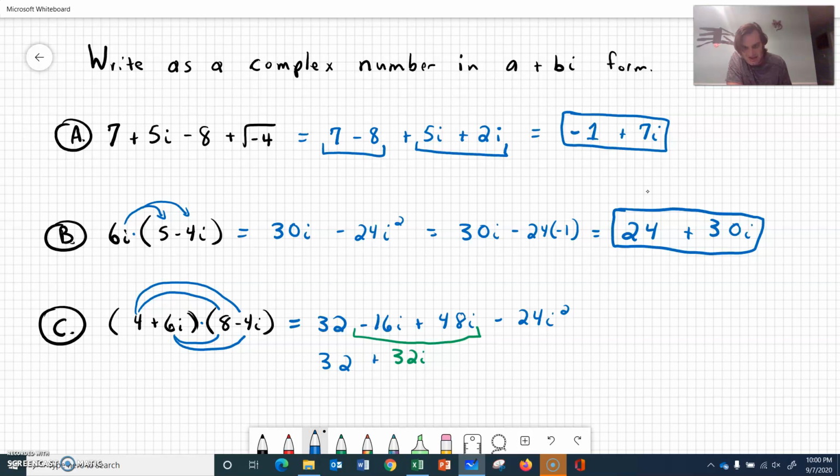And then we'll have negative 24, and the i squared becomes negative 1, so negative 24 times negative 1. So I'll have 24 plus 32, that is 56, and that's the real part, that's the a, plus 32i, and the 32 being the b. So I wrote all of these as a real plus an imaginary part. Thank you.